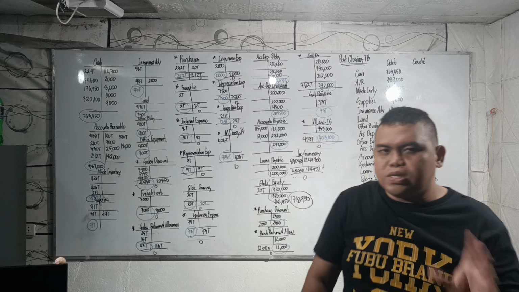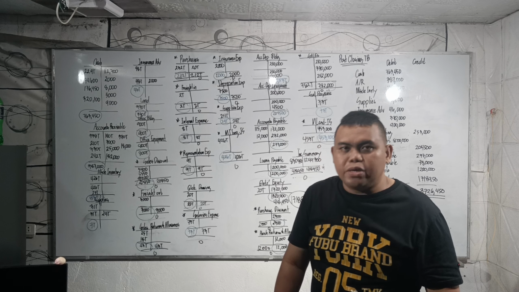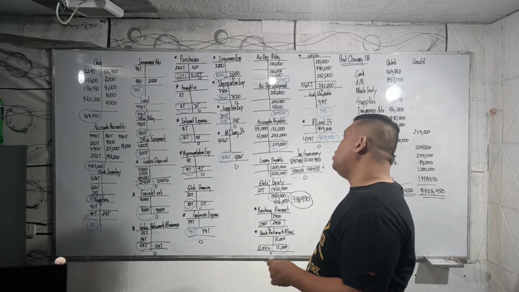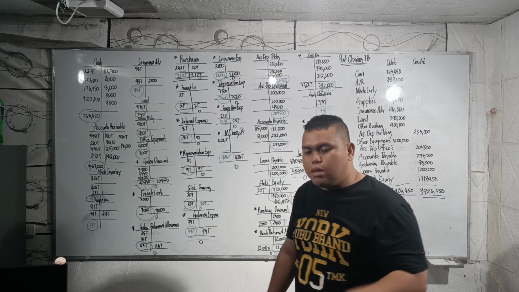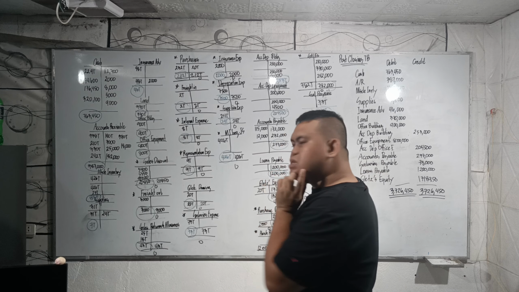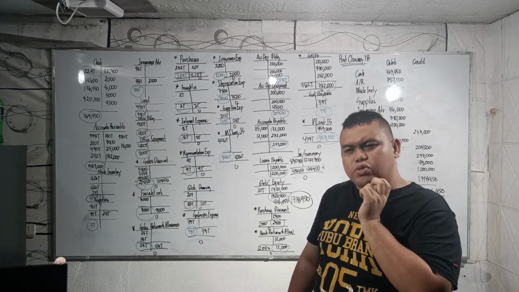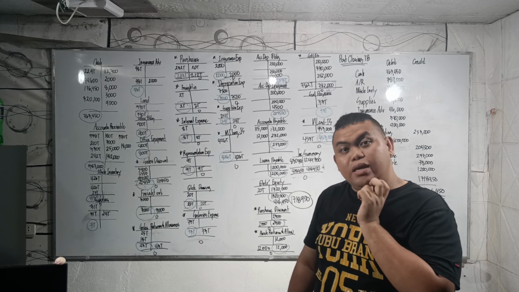So again, reversing entries are made at the beginning of the next period or next year. Okay? So that's all for reversing entries procedurally. However, we have to explain why the reversing entries are needed. Why is it also in selected adjustments only?